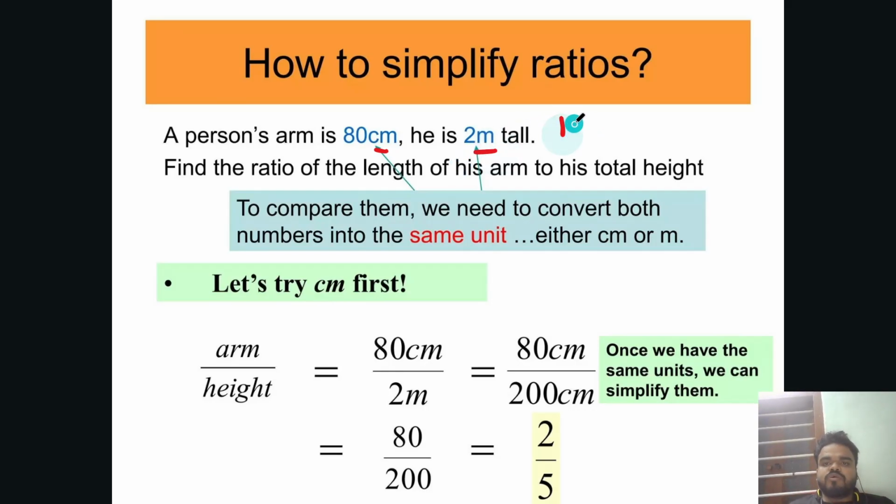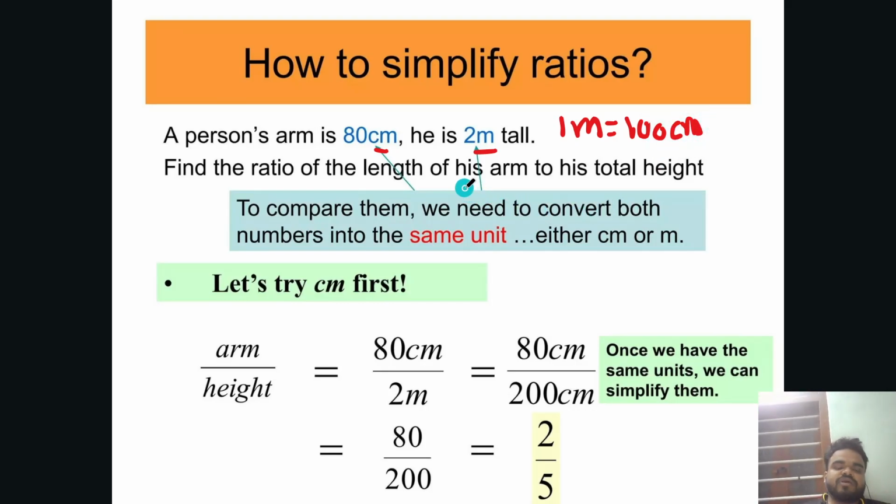You know that 1 meter is equal to how many centimeters? 100 centimeters. So in order to simplify, you have to convert either centimeters into meters or meters into centimeters.